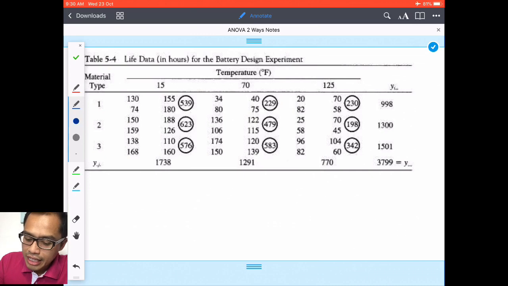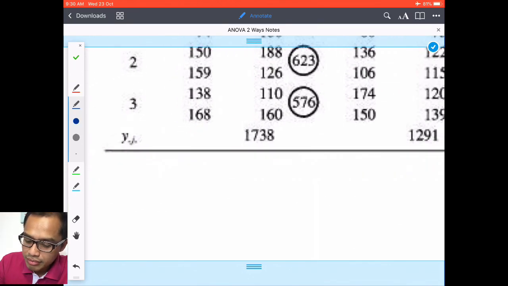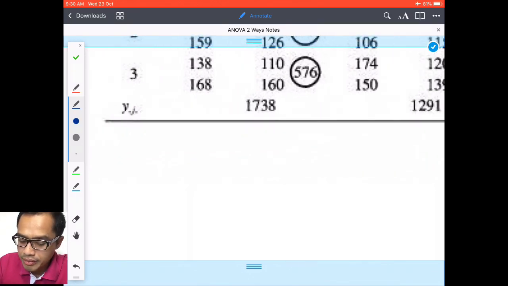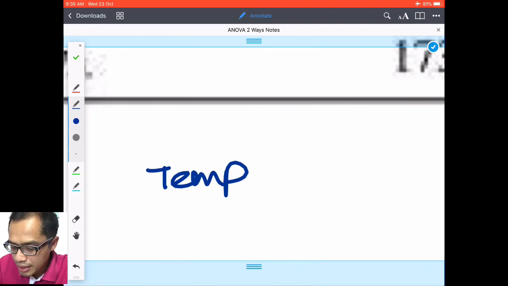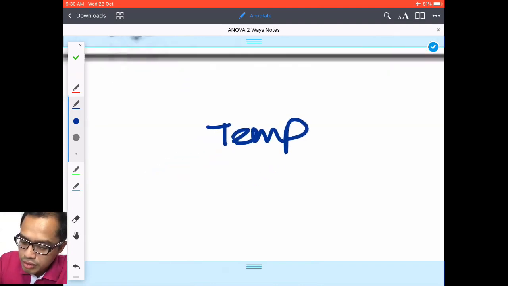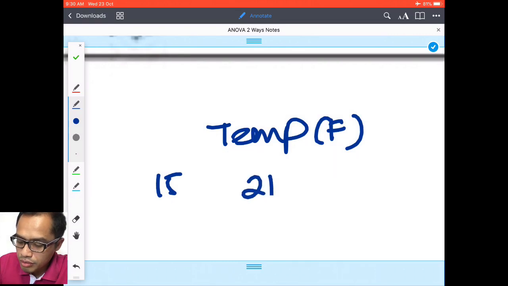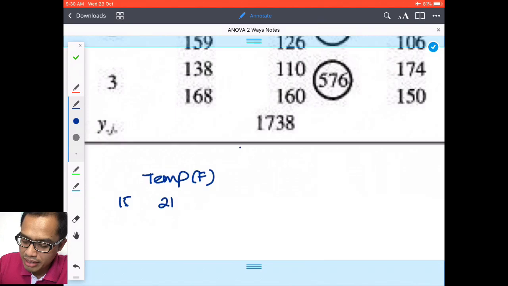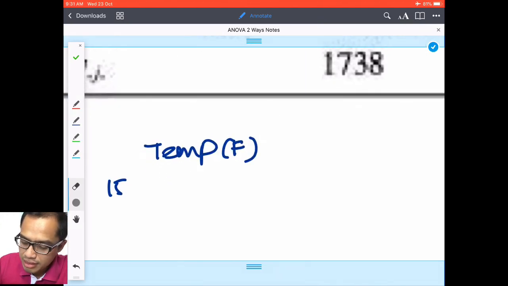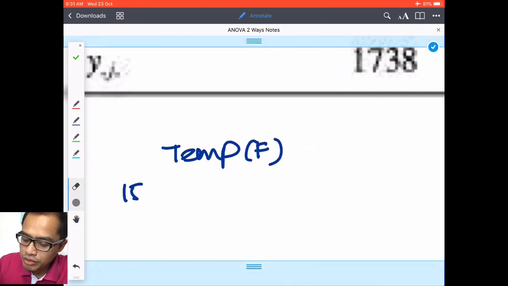If you are making this graph, let's say here is your temperature, in Fahrenheit, 15, 70, and 125.